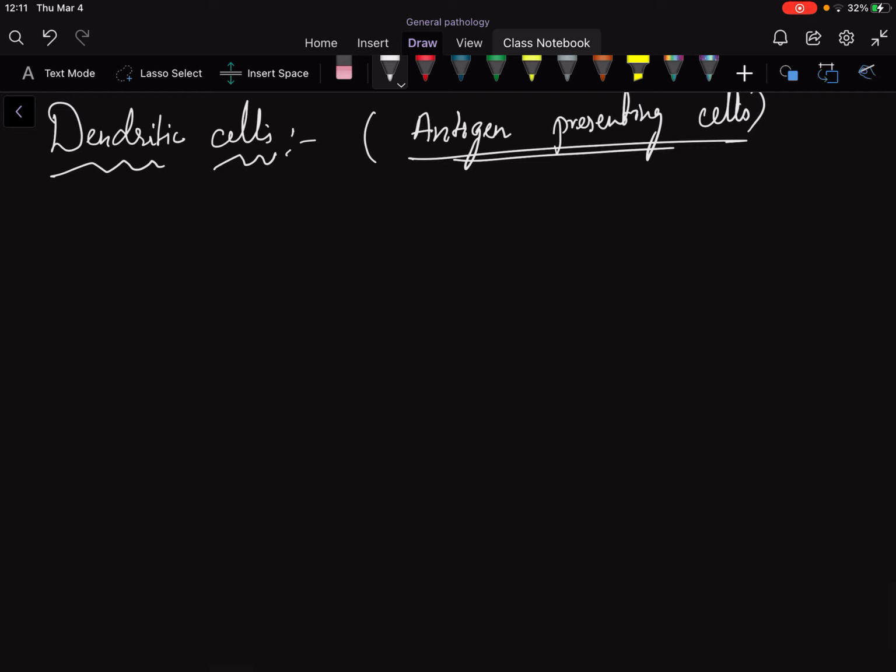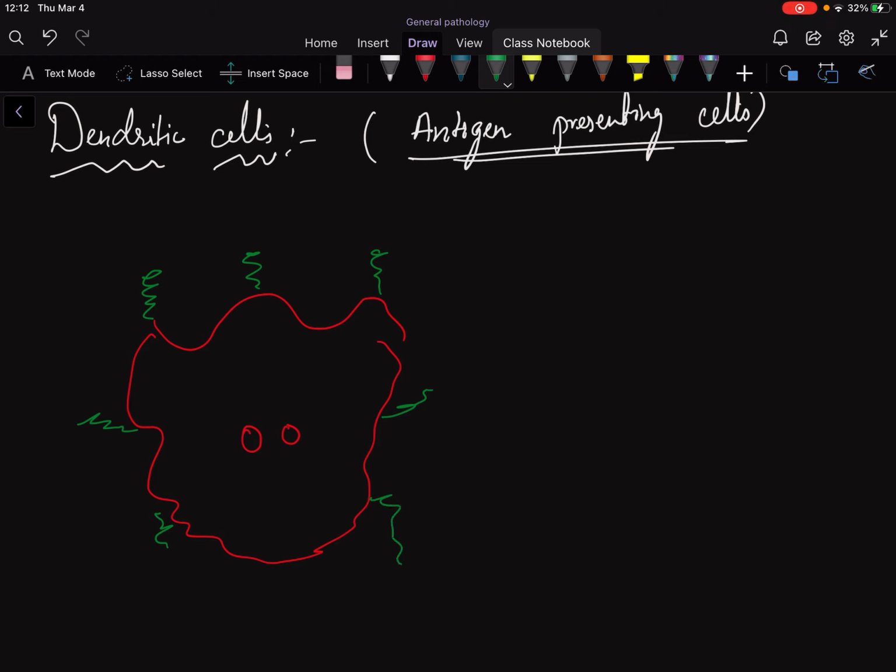Suppose this is a dendritic cell. These dendritic cells also have a lot of receptors to sense microbes like coronavirus or different types of bacteria. So this is the coronavirus present here with spike proteins on it.